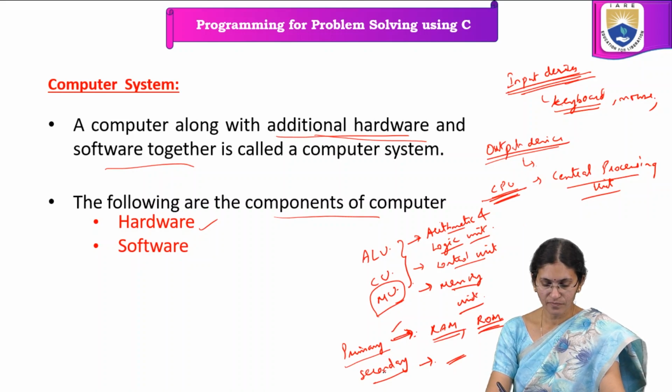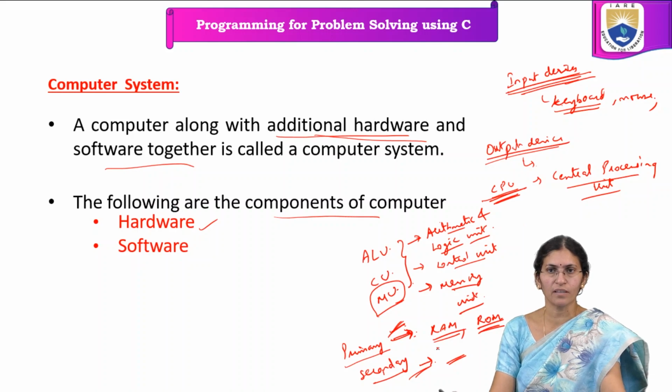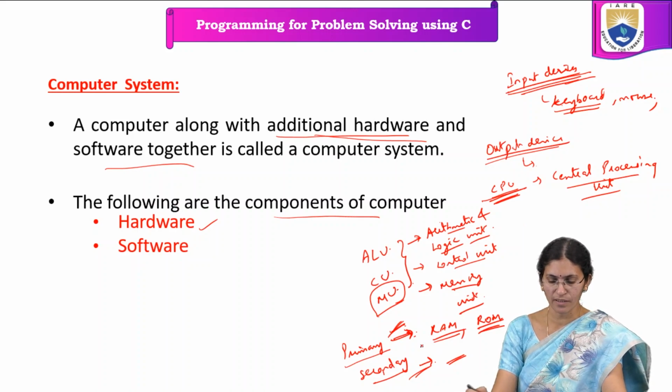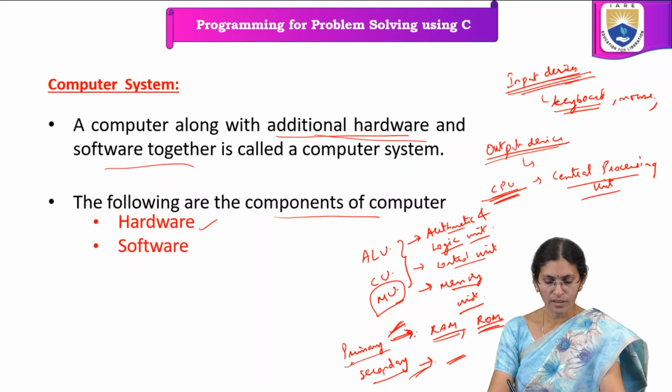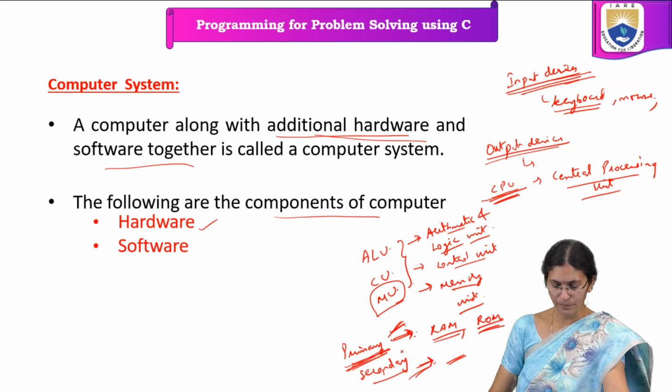The CPU can access the data directly from the primary memory, but the CPU cannot directly access the data from the secondary memory. That is another difference between primary and secondary memory. The quantity of storage is small in primary memory, whereas secondary memory can store a large amount of data. That is the main difference between primary and secondary memory.